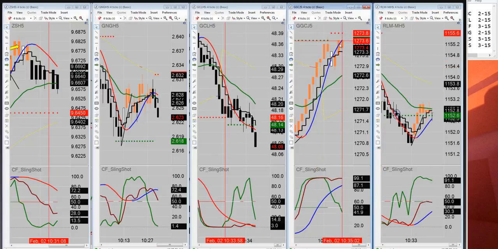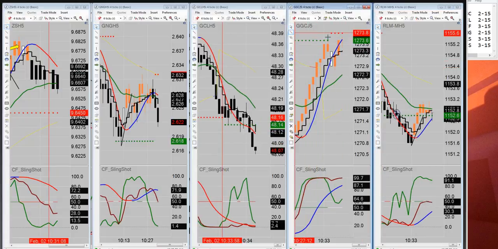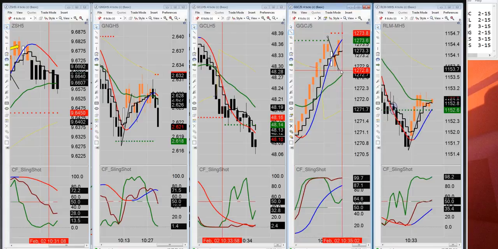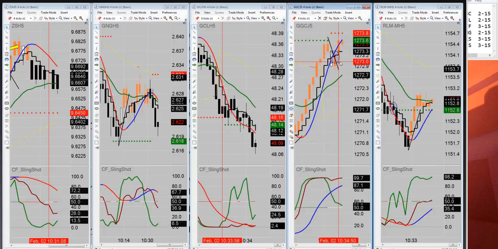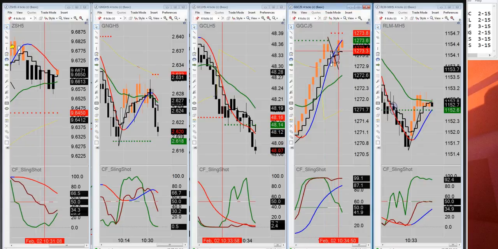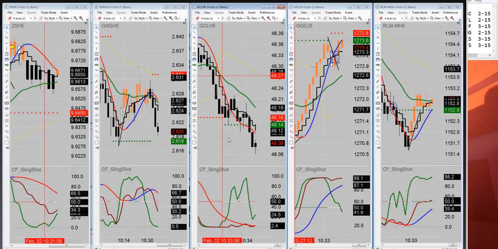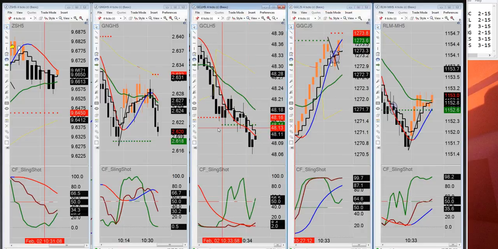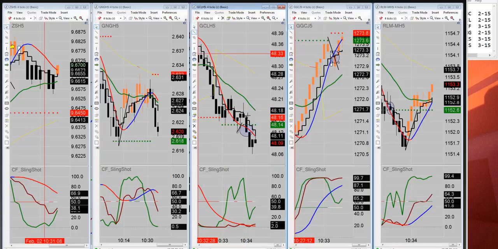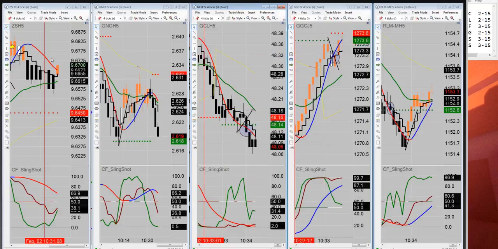This up close, actually I gotta draw the trend line. I think it was back here. Yeah, this up close right here on gold was a long trade. 73.2 was the spot. Let's see, on crude, this down close right here at 48.12 was the spot. All right, if I were drawing a trend line, it would be like that.